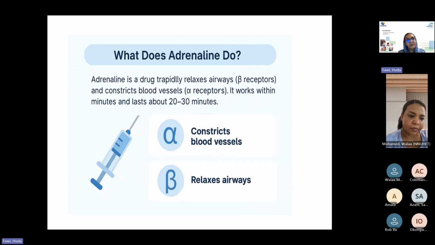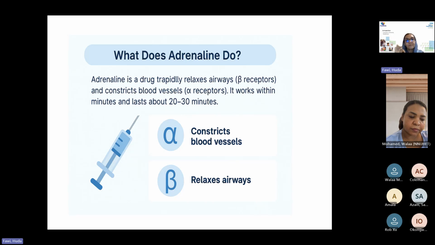So what does adrenaline do? It acts on the alpha receptors, constricting the blood vessels that are vasodilated from the allergic cascade, and as well works on the beta receptors to relax the airway that have gone into bronchospasm due to the allergic cascade.